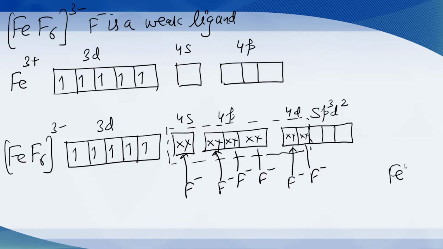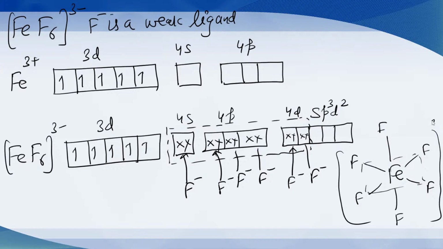So the shape is octahedral, but the hybridization is sp3d2. As outer d orbitals are used, this is called an outer orbital complex.